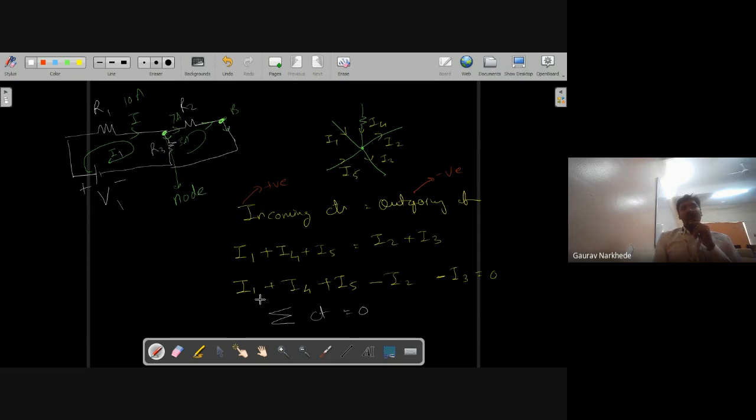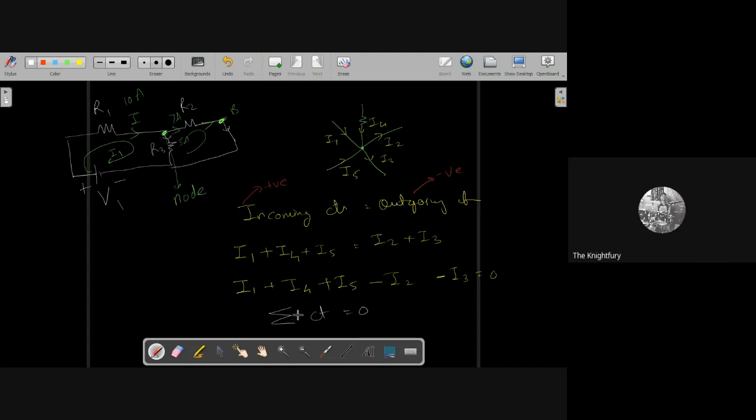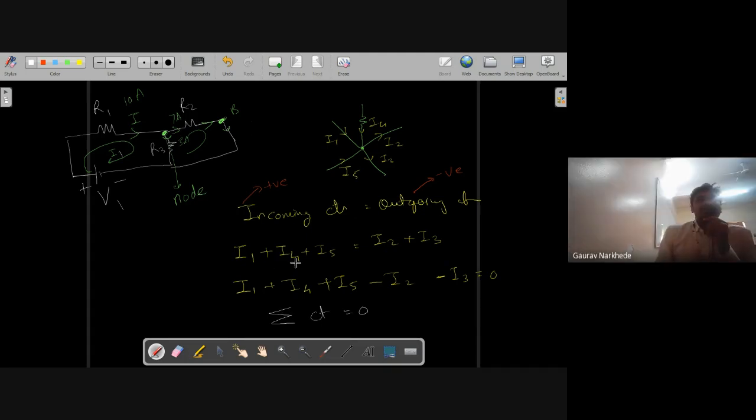The algebraic summation of all the currents at any node of the circuit is always equal to 0. This is Kirchhoff's current law, KCL. Any problem in this?